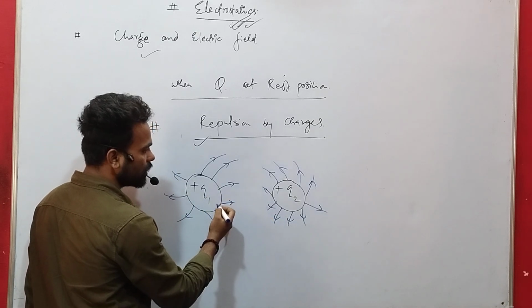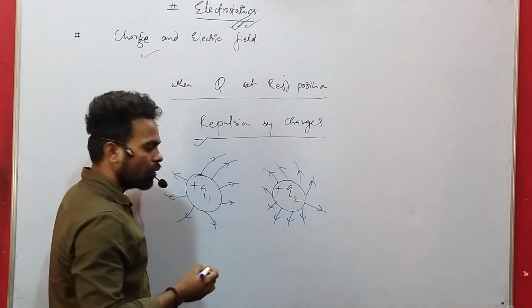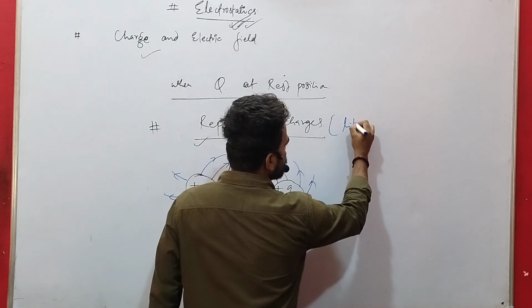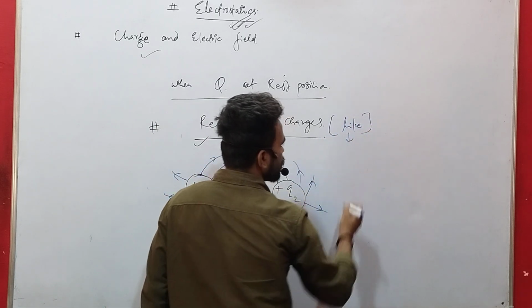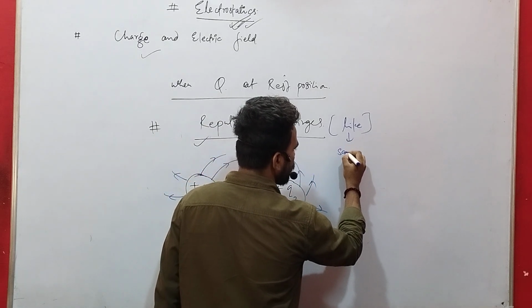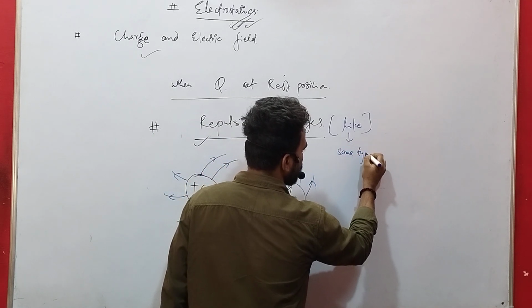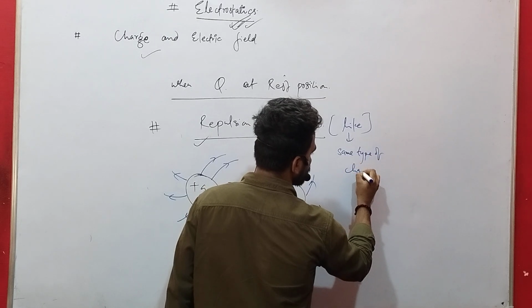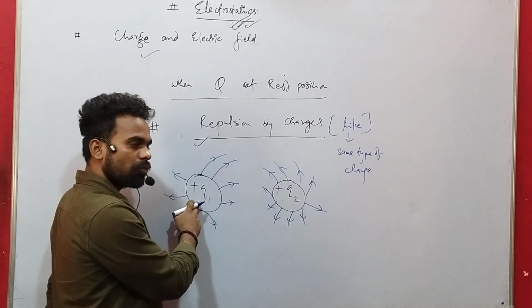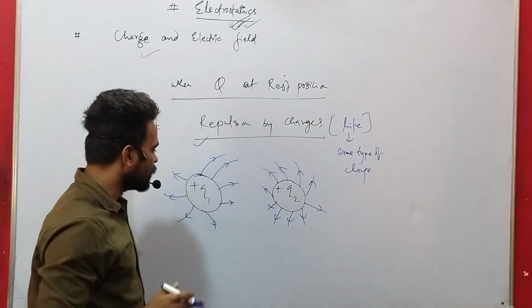How? This is positive in nature, and this is positive in nature, so there is repulsion. Like charges create repulsion. The meaning of like is the same type of charges. First is positive and another is positive.